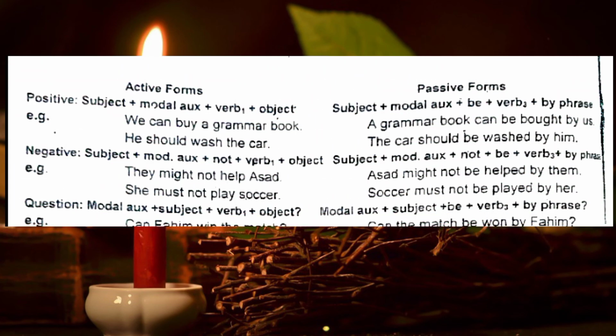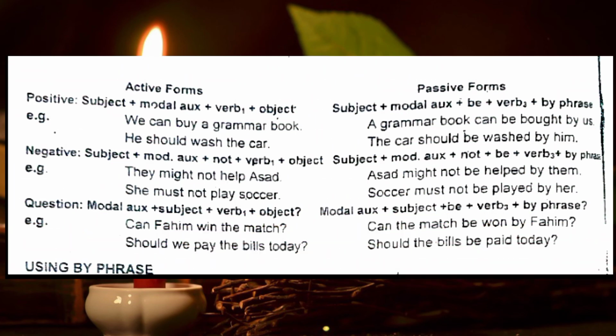This is an active sentence. For example, we can buy a grammar book. He should wash the car. Passive form: subject plus modal auxiliary plus be plus verb third form plus by phrase.